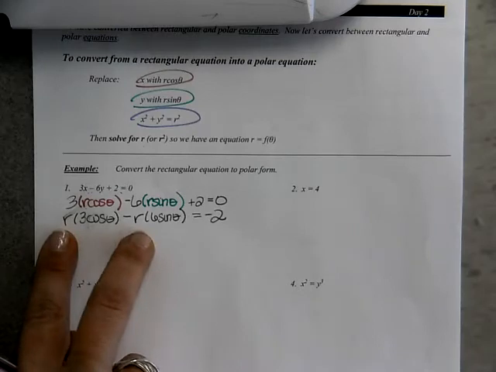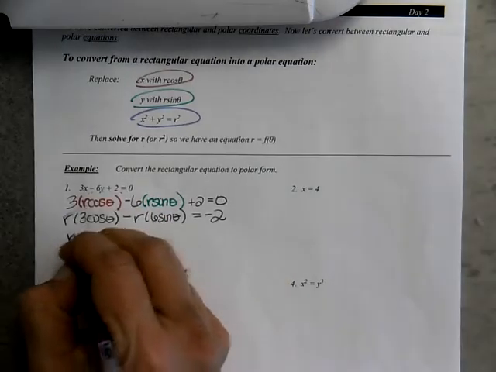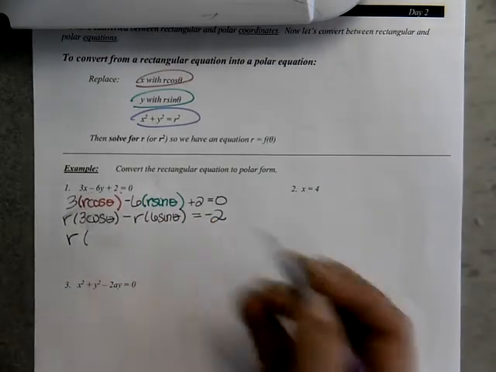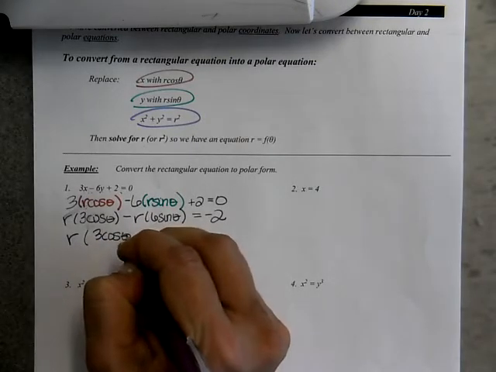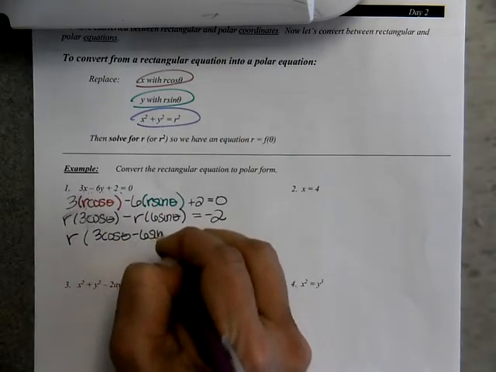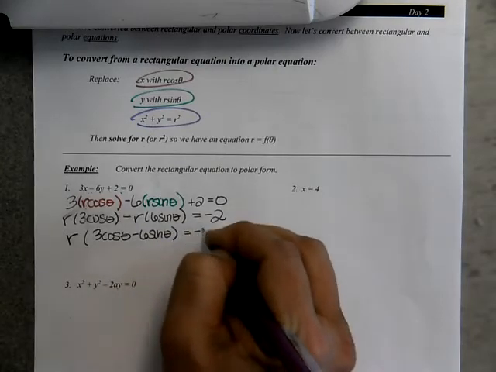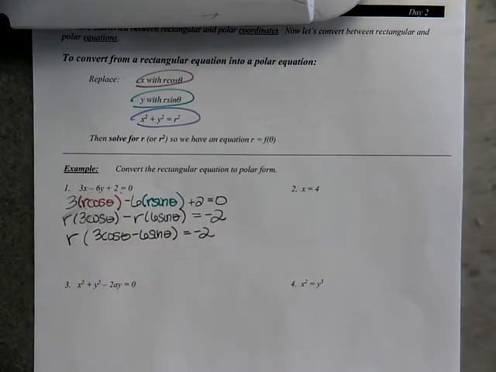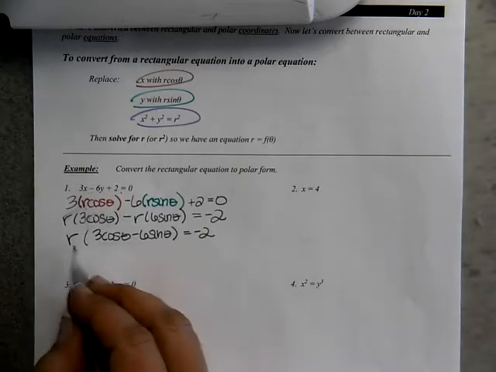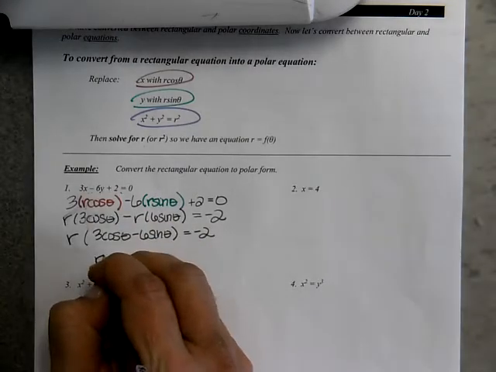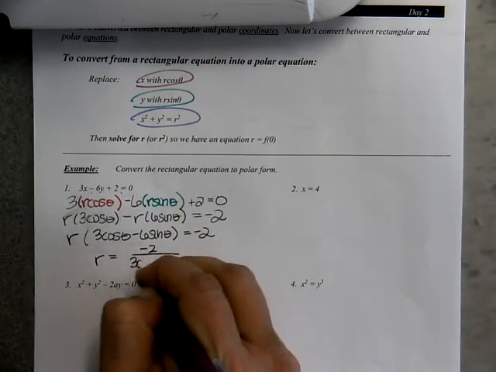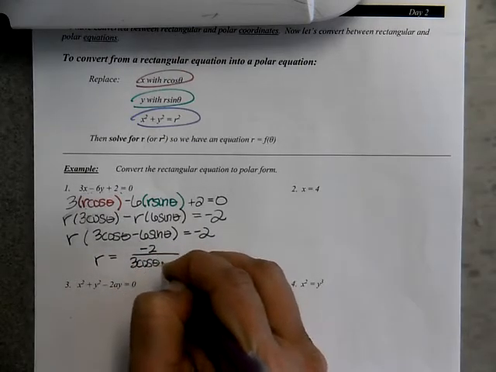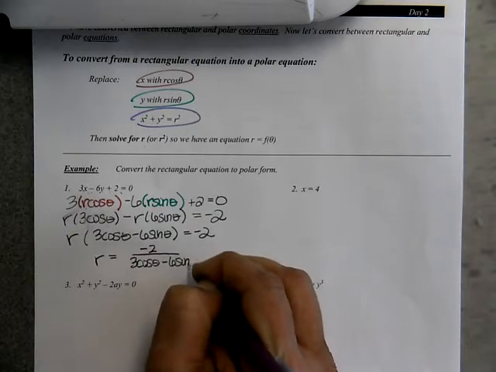So what we can do is factor an r out. If you factor an r out, we end up with 3 cosine theta minus 6 sine theta times r equals negative 2. And then we want to isolate r, so we get r equals negative 2 over 3 cosine theta minus 6 sine theta.